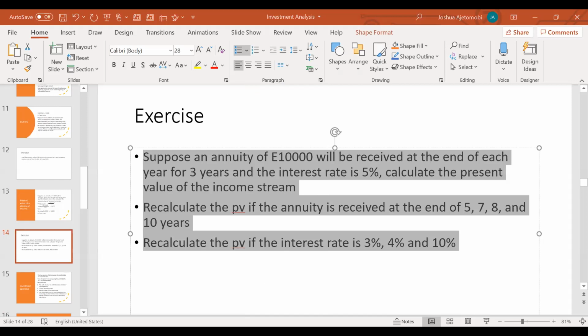Okay. 5, 7, 8, 10. $10,000, 5%, 3 years.